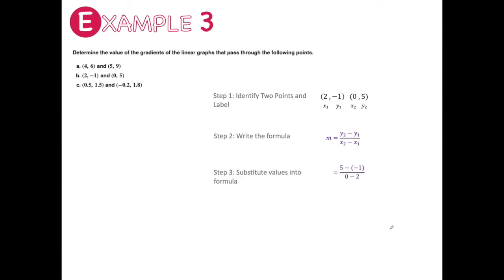So 5 minus negative 1 over 0 minus 2. And then finally, I've got to calculate my answer. So 5 minus negative 1 is going to equal 6. 0 minus 2 is negative 2. So 6 divided by negative 2 is equal to negative 3. So my gradient is equal to negative 3, and it will be a negative line sloping down across the Cartesian plane.